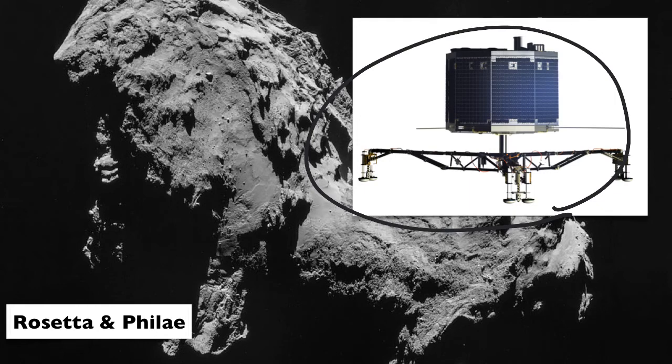They had to fire little bolts into the surface of the comet and pull it down because gravity is so weak, and it didn't work, and the thing bounced and went into orbit, and it landed in the shade, which is really sad because it was solar powered, so it was kind of a disaster. The problem is just that gravity is so weak. It's actually tough to do something as simple as landing.